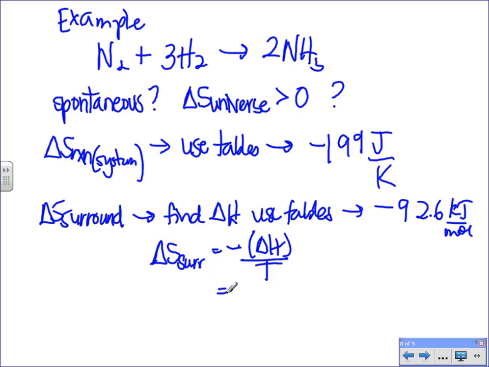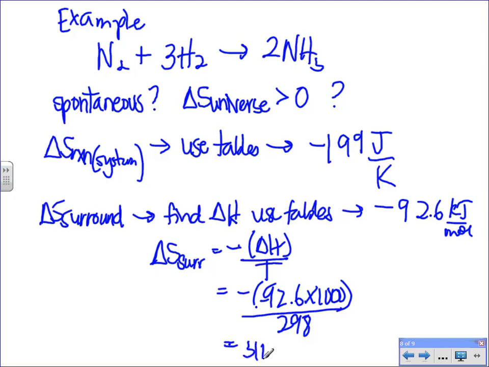Now, keep in mind your enthalpy is in kilojoules, so negative 92.6 times 1,000 divided by the 298, which gives us a change in entropy of the surroundings of 311 joules per Kelvin.